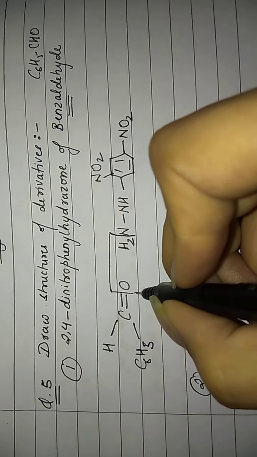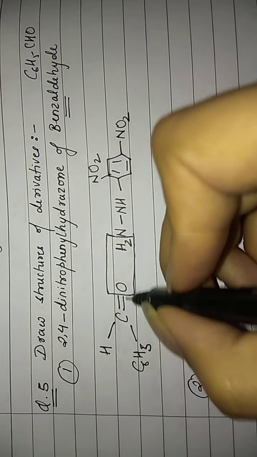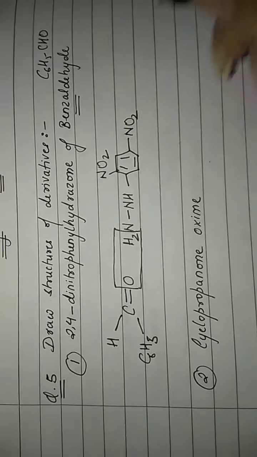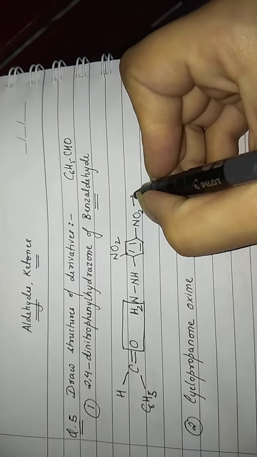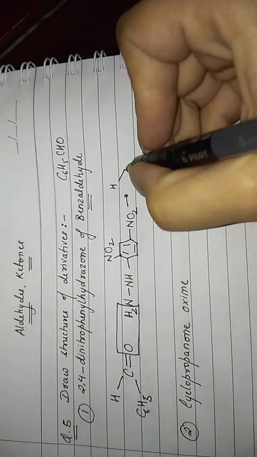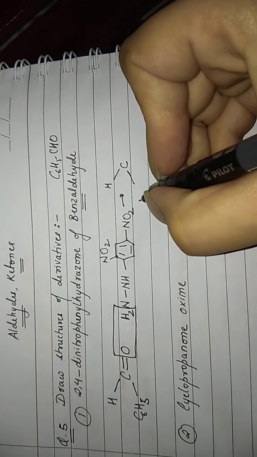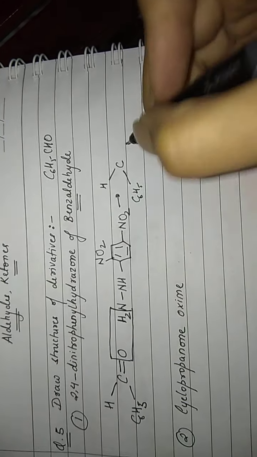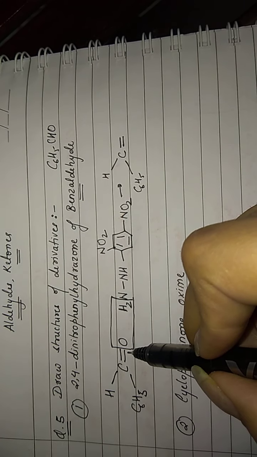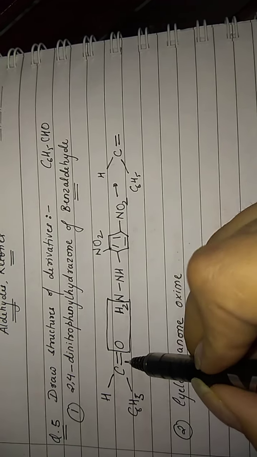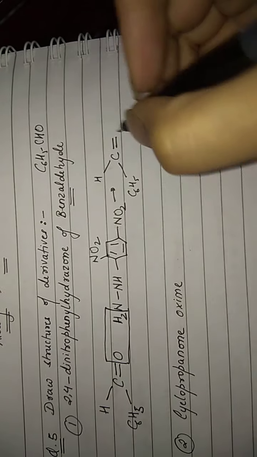Now as I have explained in the videos also, you will remove H2O from here and you can directly join the rest of the ring as it is. So this goes as H C, C6H5 double bond. After this double bond, you remove water from in between and you directly jump to the nitrogen atom.